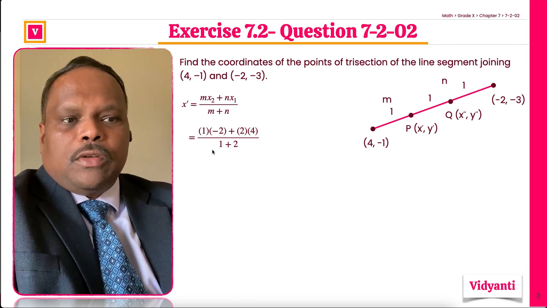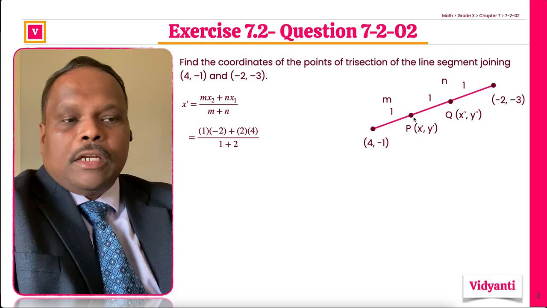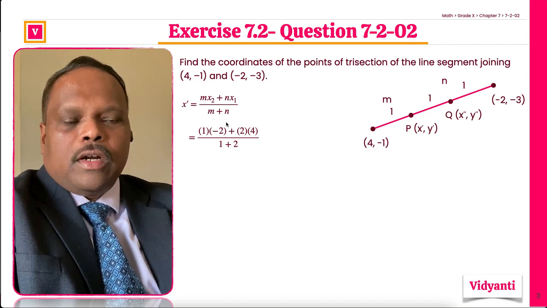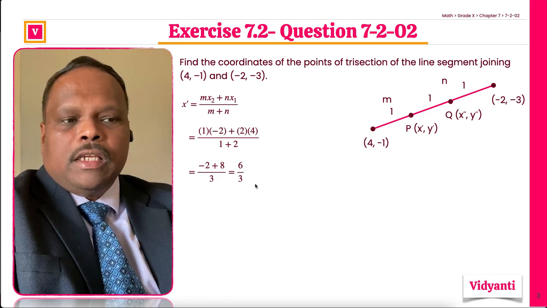Let's substitute the values. m is 1, x2 is -2, n is 2, x1 is 4, divided by m plus n, which is 1 plus 2. Upon simplification, you get (-2 + 8) divided by 3, that is 6 divided by 3, which is 2.